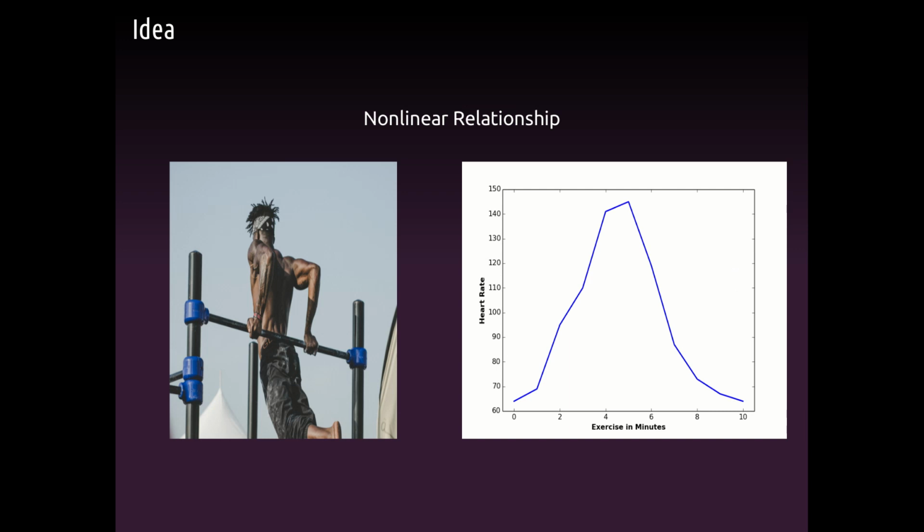So for instance, if you are doing some physical training, you will notice that the average number of your heartbeats is increasing in a very considerable way in the first 5 minutes of your exercise. After the 5th minute of your exercise, your average number of heartbeats will start to decrease as long as you continue doing your exercise. So this is one example of a nonlinear relationship between two variables in real life.